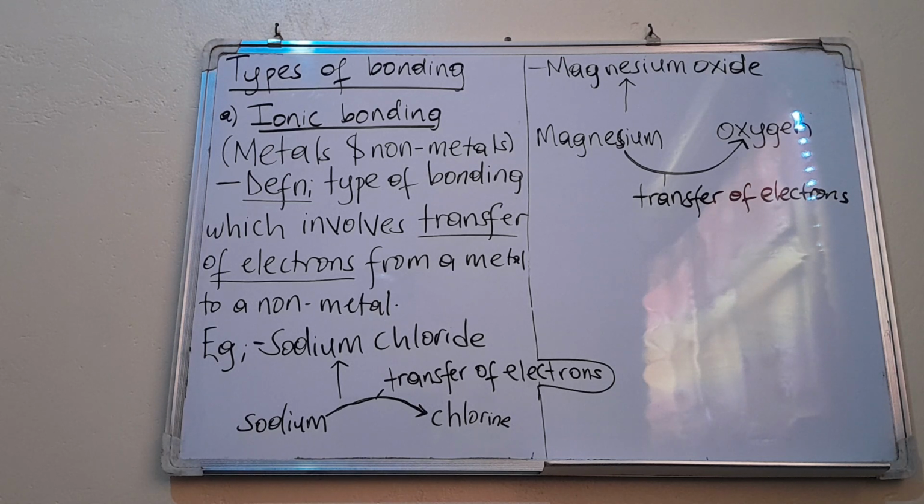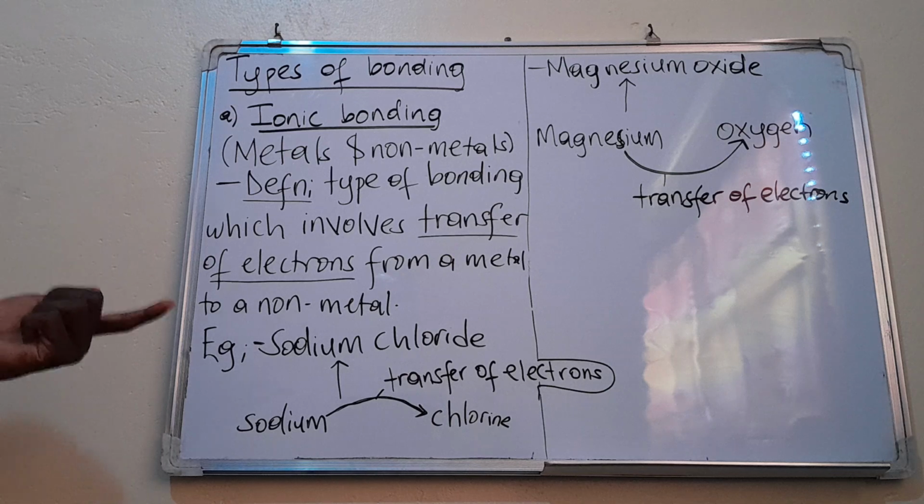So what happens during this transfer of electrons? What do you think happens? How are these electrons transferred? And when they are transferred, what results? What is the result of transfer of electrons? So we are seeing that we transfer electrons from a metal to a non-metal.